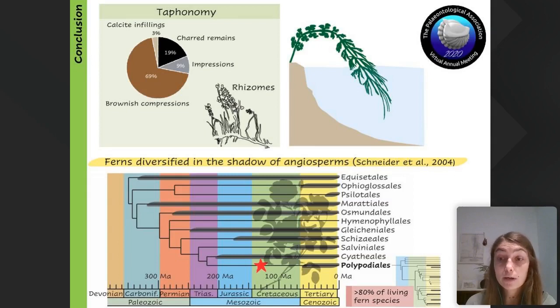So it would be one of the first moments where we can see that these plants are living in the same environment. The paper Ferns Diversified in the Shadow of Angiosperms by Schneider et al. says that polypodiales could have diversified at the same time as angiosperms. We would have one of the first evidences of these plants living together.